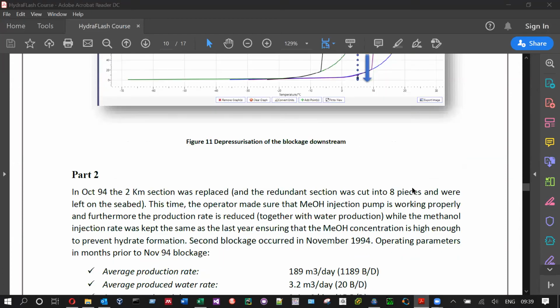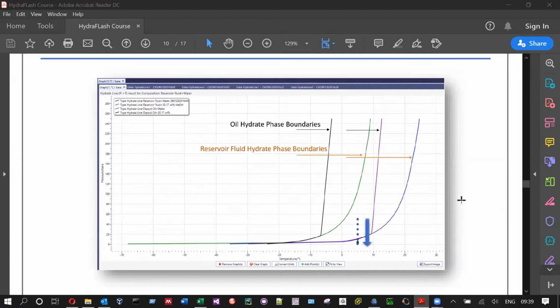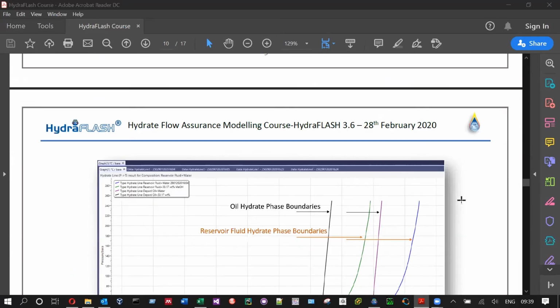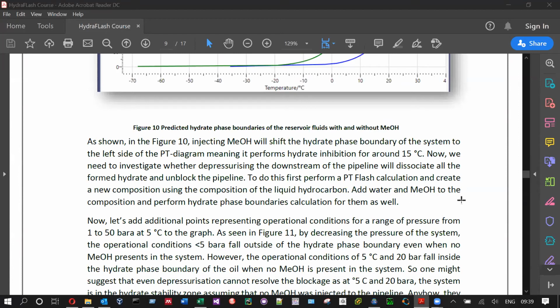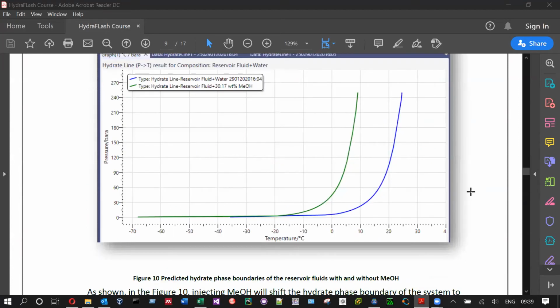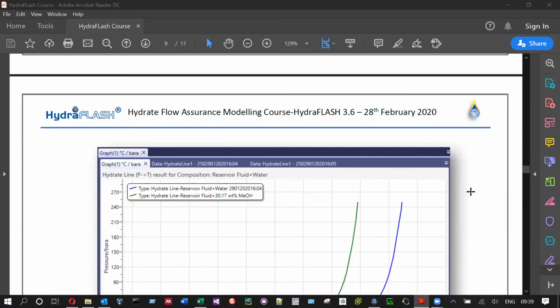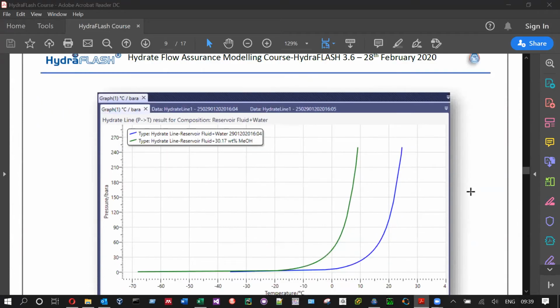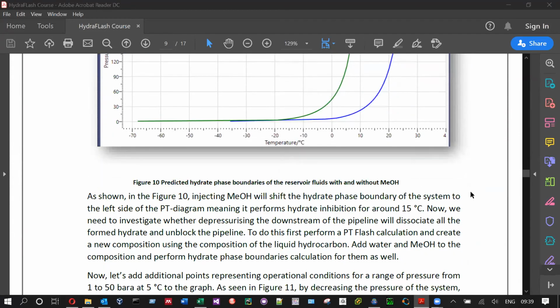Right. So what we did in the first section was that we wanted to know whether the depressurization will resolve the blockage. We entered the fluid compositions, calculated the phase envelopes, and calculated the hydrate phase boundaries.